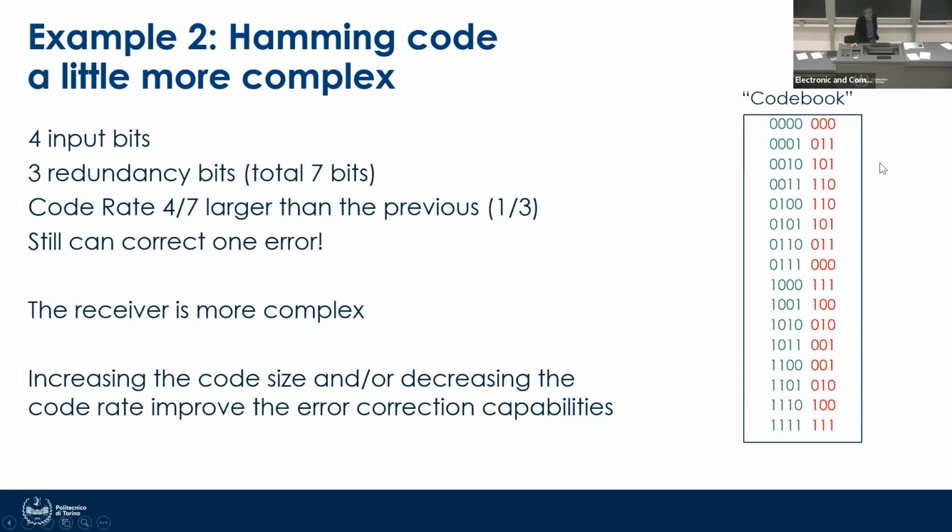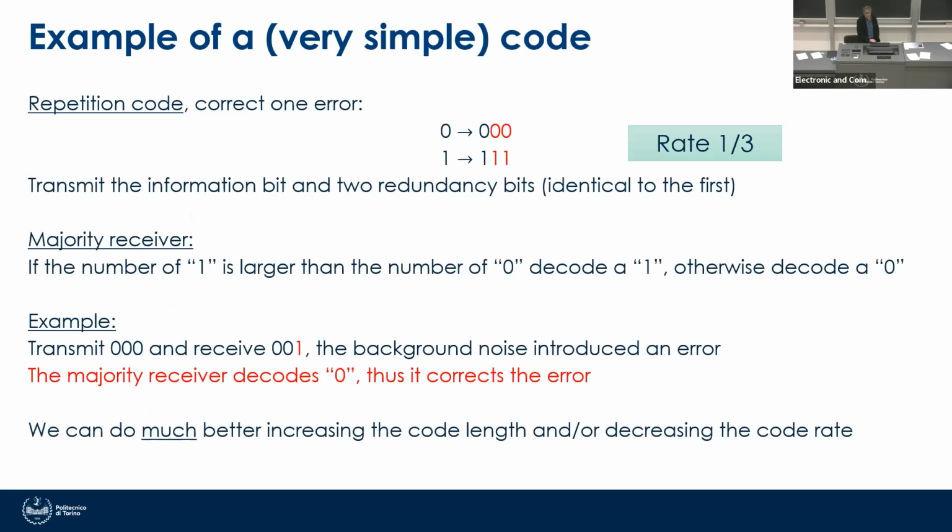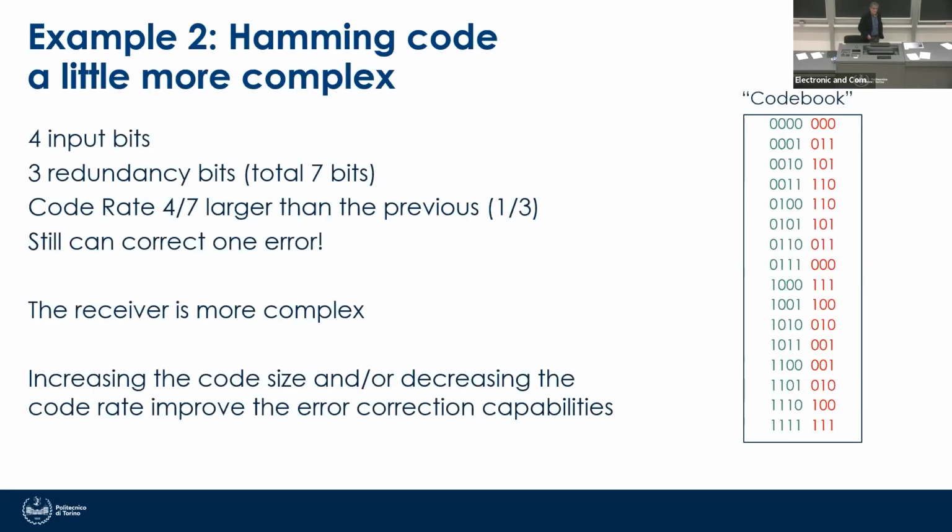And on top of it, we add 3 red bits that are redundancy bits. And we build what we call the code book, the set of possible messages. Now, the way we build this code book is a particular construction that I cannot comment on, and the receiver is more complex. But the fact is that with this code book, you can still correct one error, exactly like the code before. But now the rate, instead of being 1/3 like here, is 4/7.